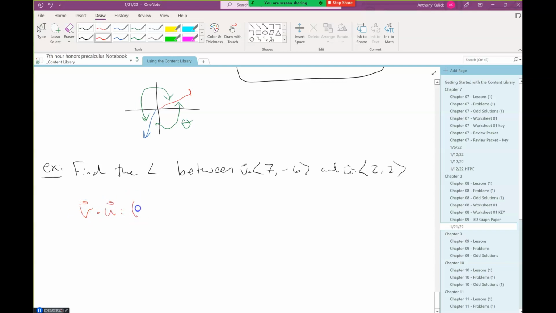I need the dot product between the two. That's 2. I need the magnitude. Let's see what's, oh, bless you, 49 plus 36, that's 85.